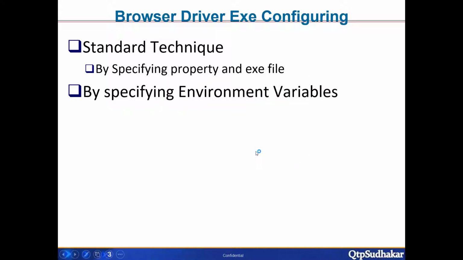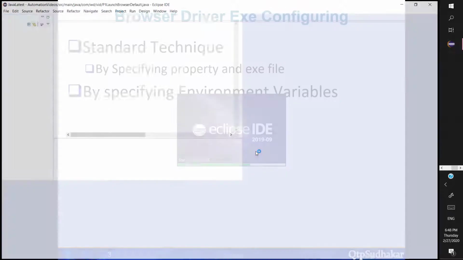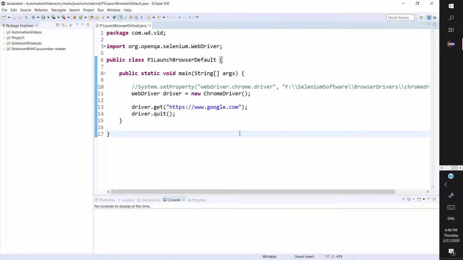The first way is by using system.setProperty, specifying webdriver.chrome.driver like that, and then specifying the path of it. The second way is by specifying environment variables. Yes, there is a third way as well. And of course, I'm going to explain 4 ways of setting up this particular path, not just one way, setting up that exe file. So this is the thing, and let's see that it should fail now.